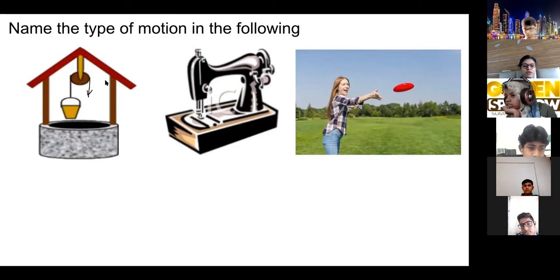Tell me, without pulley and with pulley, which one is easier?